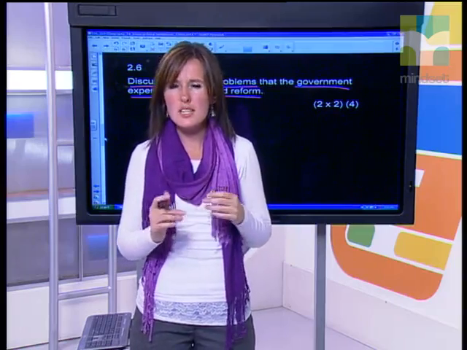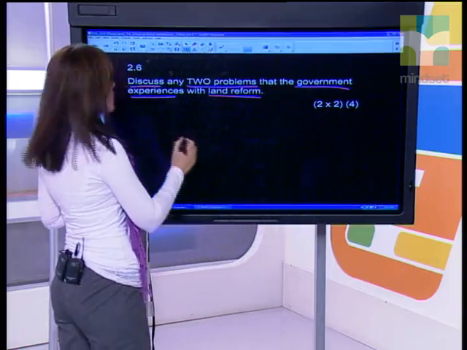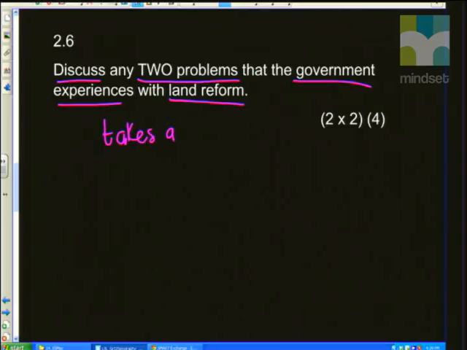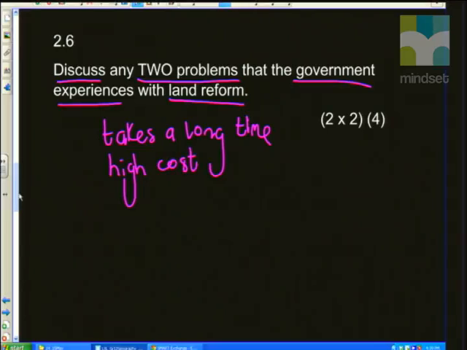Let's just write 1 or 2 things down. Right? So firstly, it takes a long time, but too long in many cases. It also involves high cost. Sometimes there's also a lack of support by the government.